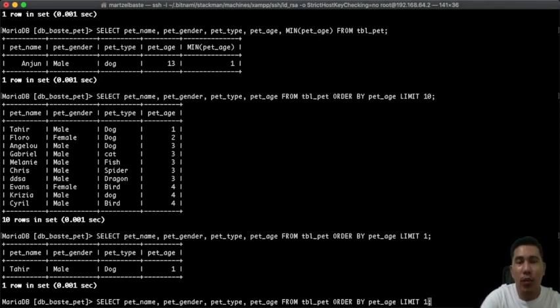we are going to use a subquery for this one. So this is the time we use a nested query. So we have here select pet name, pet gender, pet type, pet age from TBL pet where pet age is equal to select.